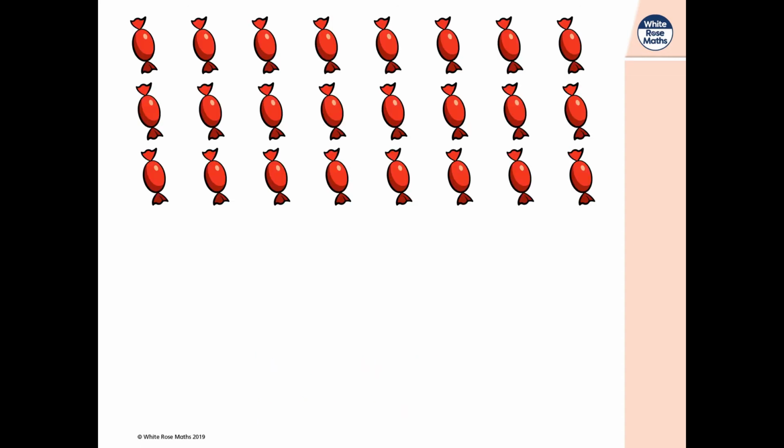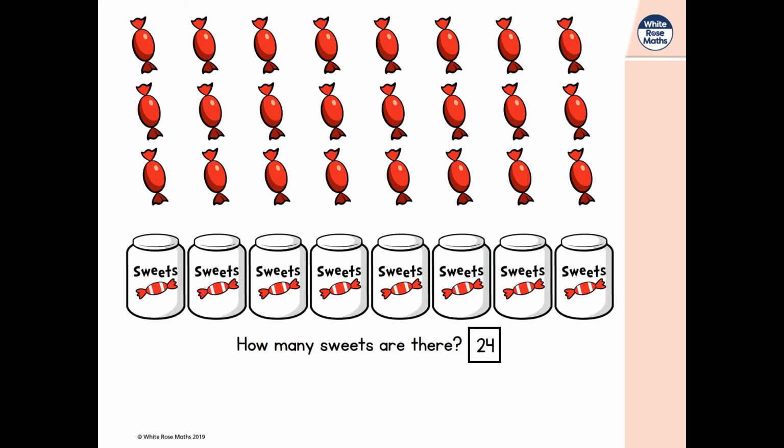Here we have those sweets again, in rows and in columns. Do you remember how many sweets there are? Count them again if you need to. There are 24 sweets. Oh, that's a lot more jars.